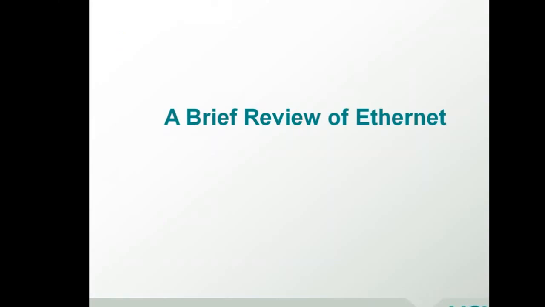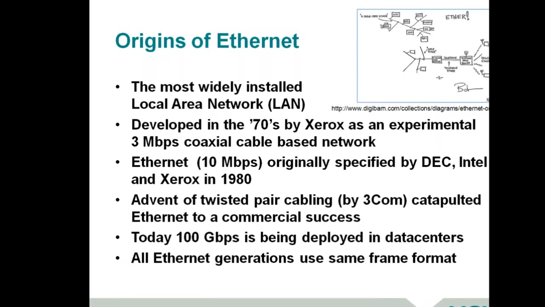I think the best place to start this is just with a brief review of Ethernet. It's been fascinating where it's come in such a short amount of time. You'll find a lot of changes through the life cycle of Ethernet, starting from a real simple technology that came to popularity in the early 80s through Xerox and Bob Metcalfe deploying that.